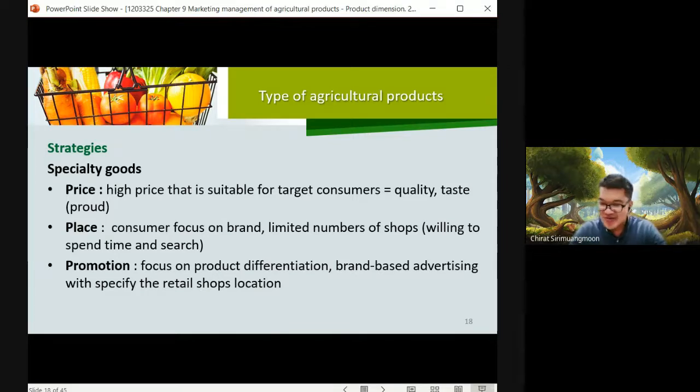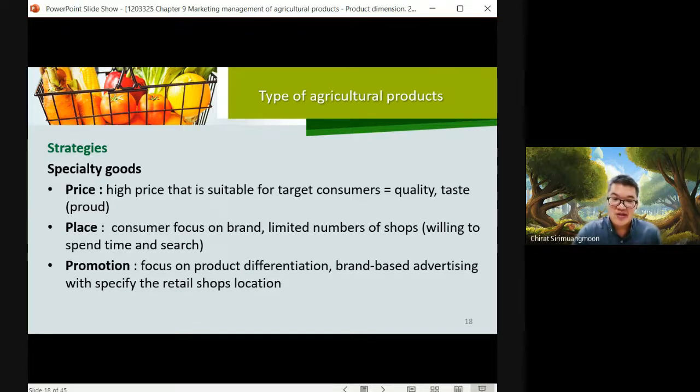For example, if you like consuming organic products, you might go to places like Chiang Rai, to some farm that has organic products only. In this case, you need to drive for a long time, but it's worth it. You pay for 100% organic, for the best quality. So limit the number of shops.